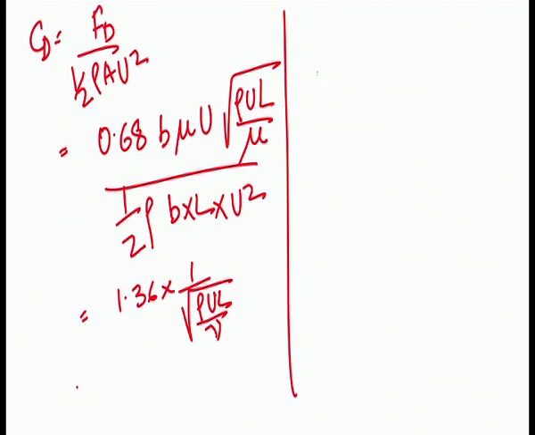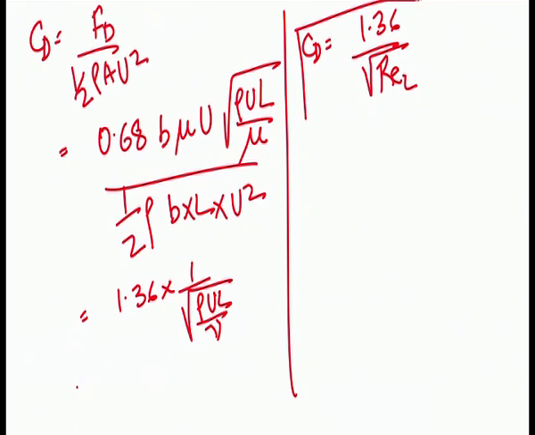Finally CD is 1.36 by under root Re_L, where Re_L, the Reynolds number at length L, is rho U capital L by mu.